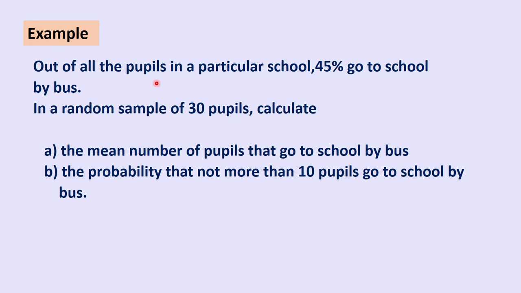Okay, we continue with our last example. Out of all the people in a particular school, 45% go to school by bus. In a random sample of 30 people, calculate A, the mean number of people that go to school by bus, and B, the probability that not more than 10 people go to school by bus.